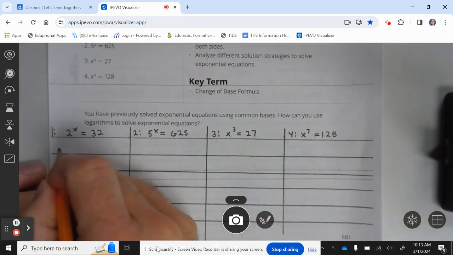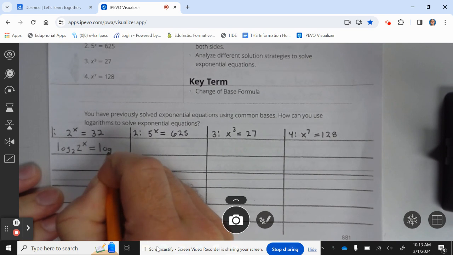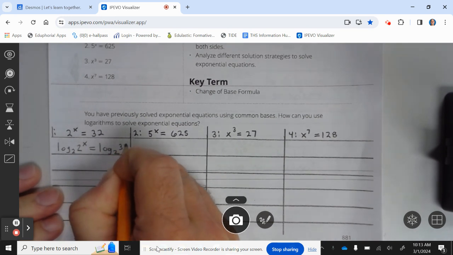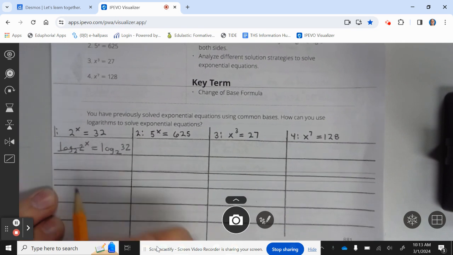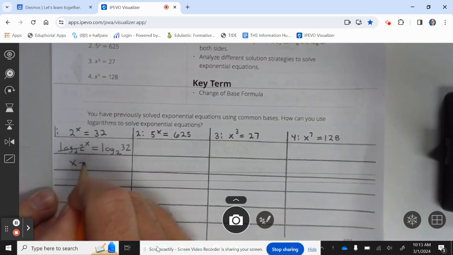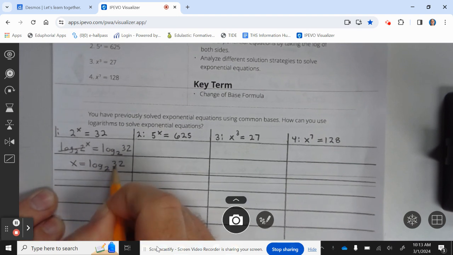So to solve number 1, we're going to take log base 2 of both sides. Log base 2 of 2 cancels each other. So then you're left with x equals log base 2 of 32.